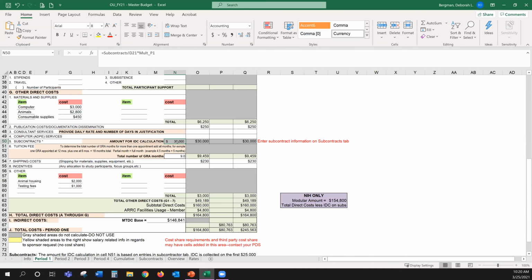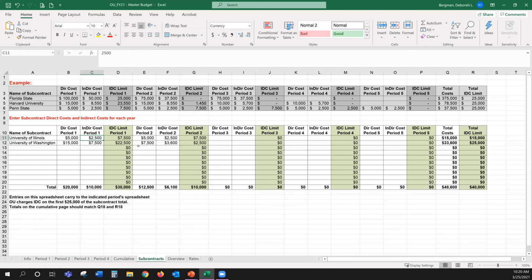It puts in the total and the amount that is subject to IDC. IDC is charged on the first 25,000 of each subcontract budget. That is for all the work that OU does in setting up the subcontract and reports done and such. So that's just the fee that we charge on that.